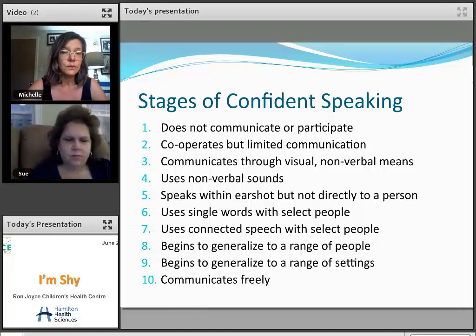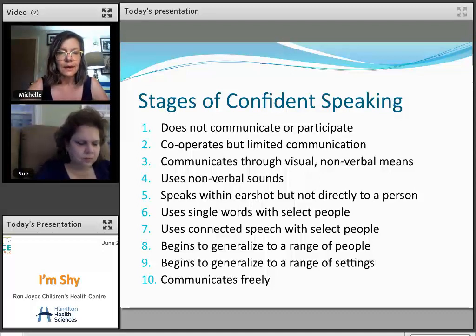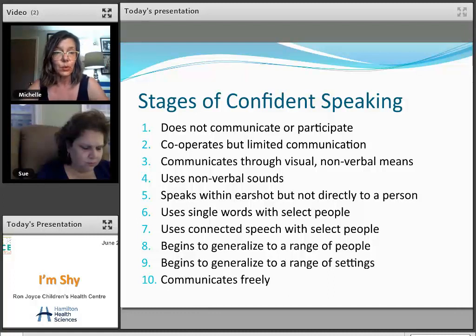And four uses nonverbal sounds, so they'll make noises, cat noises, or say things like woohoo. Five speaks within earshot, but not directly to the person. So I will talk to my friend, and you might overhear me, because some kids don't even want you to overhear them. Six uses single words, uses connected speech, so actual sentences.